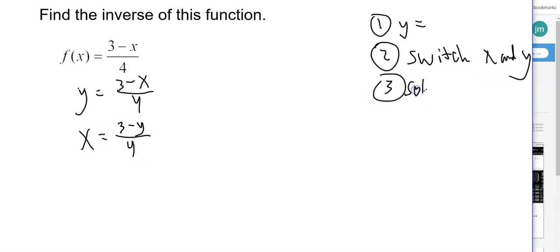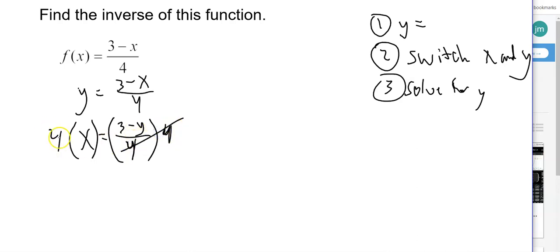Solve for y. So multiply both sides by y. I'm sorry, by 4, because it's a 4 down there. I almost couldn't read my writing. So multiply by 4. It cancels.